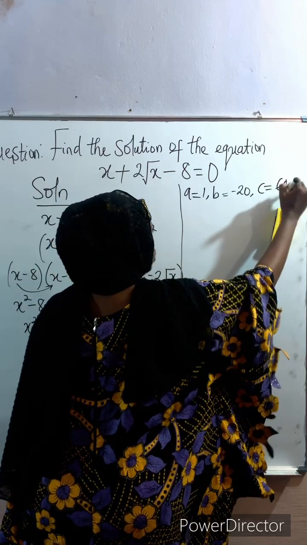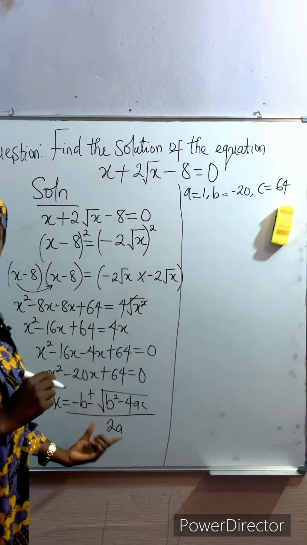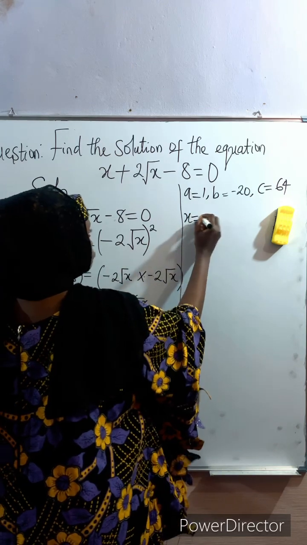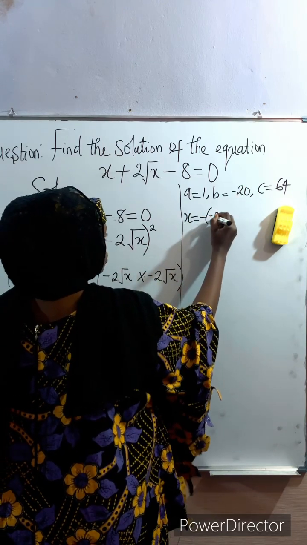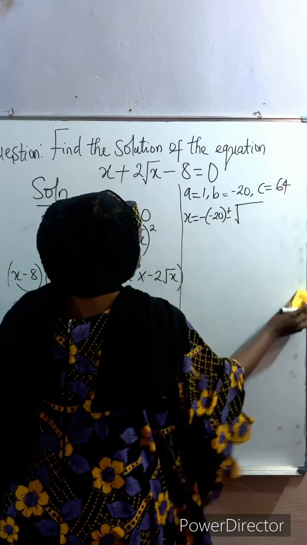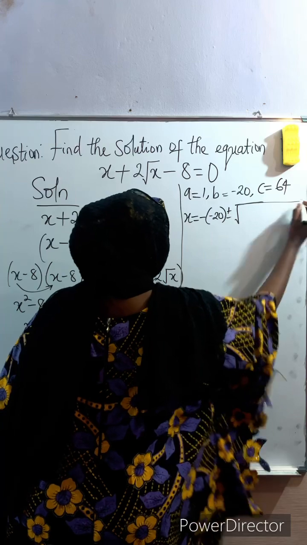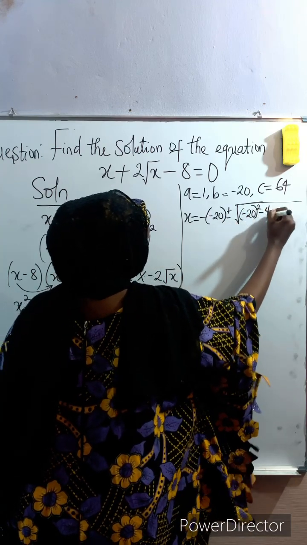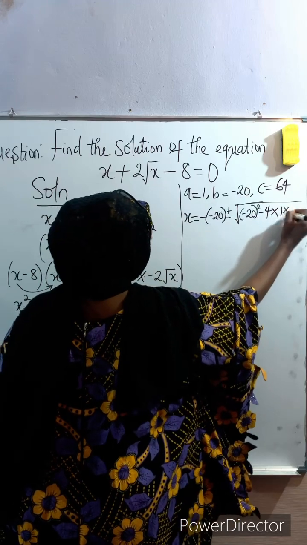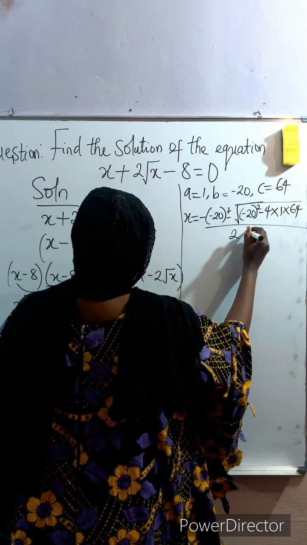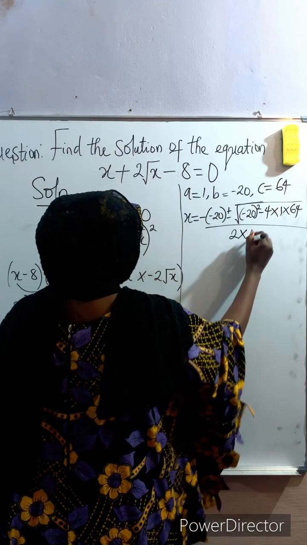So we are going to input all of these values into this equation. So we have x is equals to minus, b is minus 20, plus or minus square root of b squared, b also which is minus 20 squared, minus 4 times a which is 1 times c which is 64, all over 2 times a which is 1.